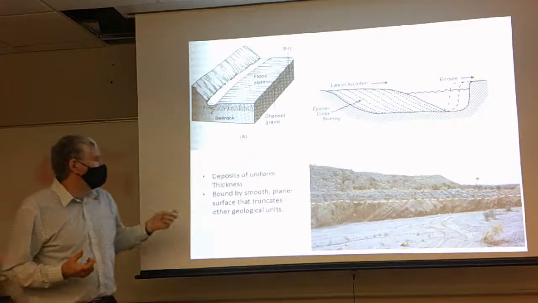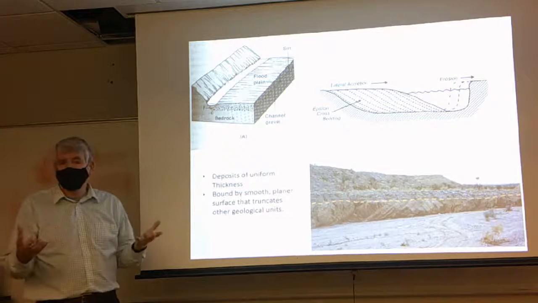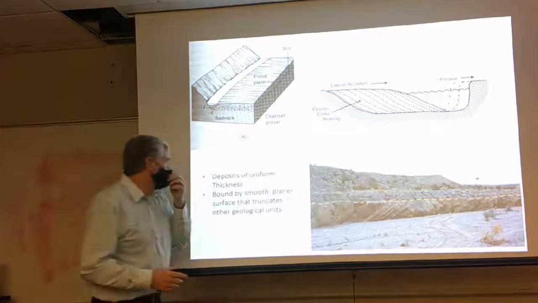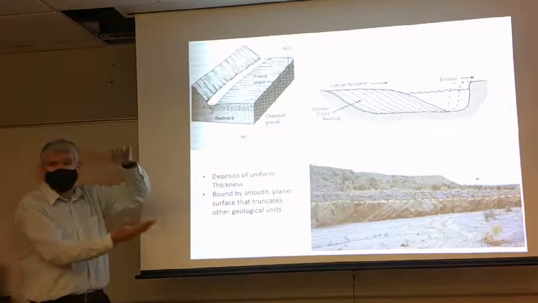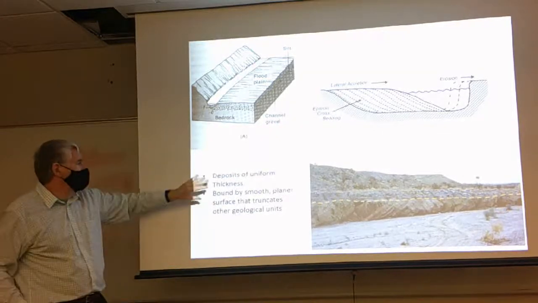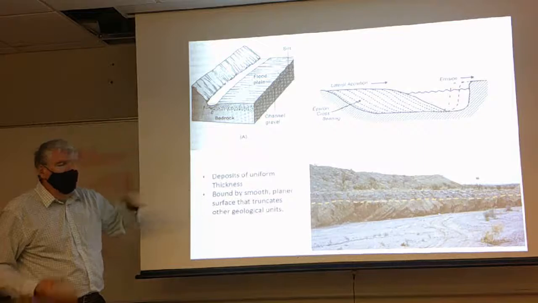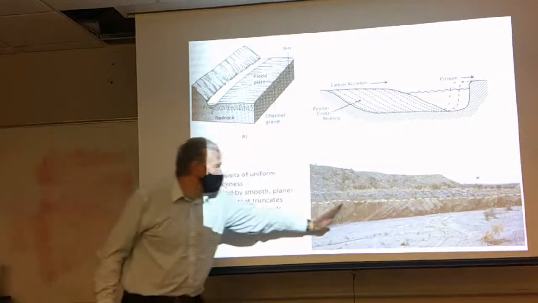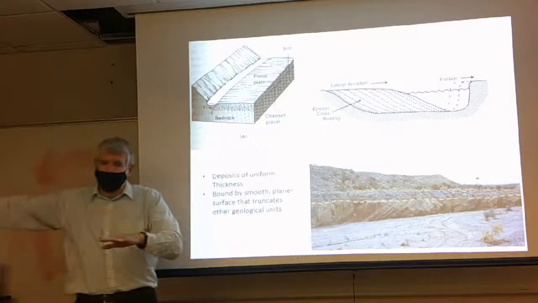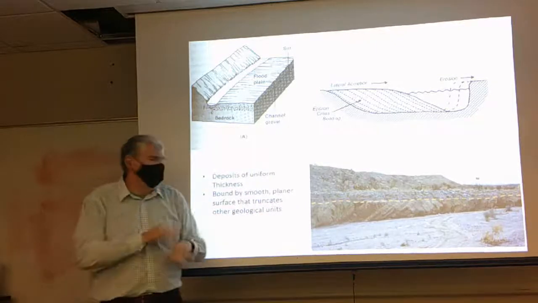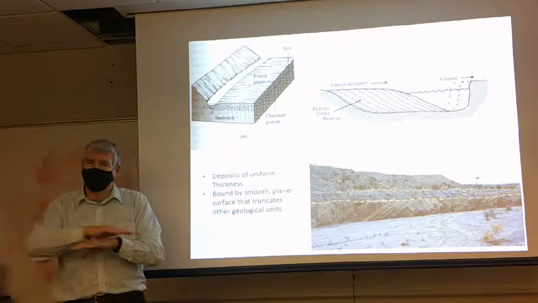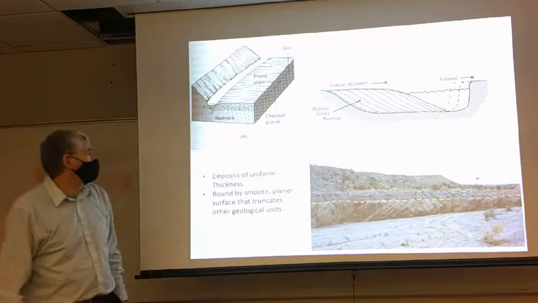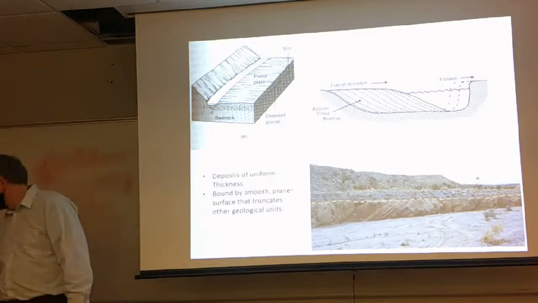This may be composed of a whole variety of different kinds of deposits, but what we get is a suite of deposits of uniform thickness, and on the surface, it's planed off all of the rock units. Doesn't matter if they're inclined or whatever, it's just chopped them off, creating this nice parallel surface with very little relief across it. So that is an erosional surface here.